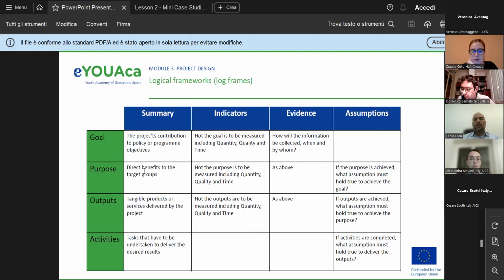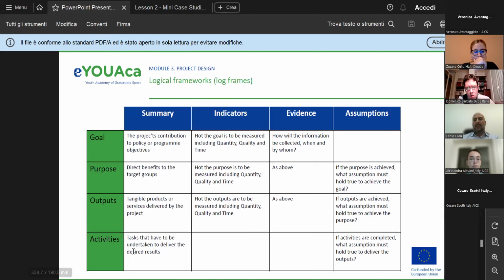Purpose: which are the direct benefits to the target groups. So this is the main goal. Purpose is the benefits to your stakeholders. Outputs: the outputs that you will produce through the project, the activities that you will perform.